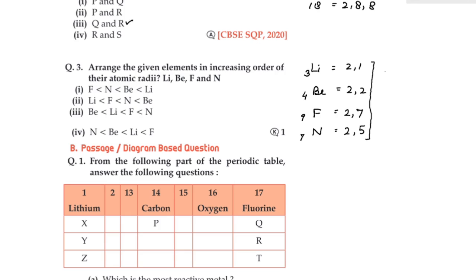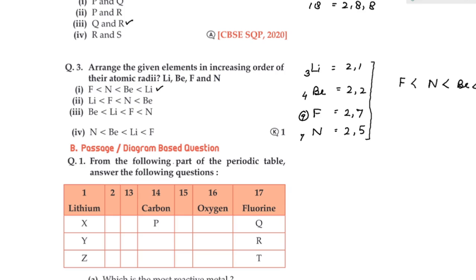Or I can say that the one having more nuclear charge is smaller. So which one is the smallest? Fluorine, then nitrogen, then beryllium, then lithium. So this is the correct option.